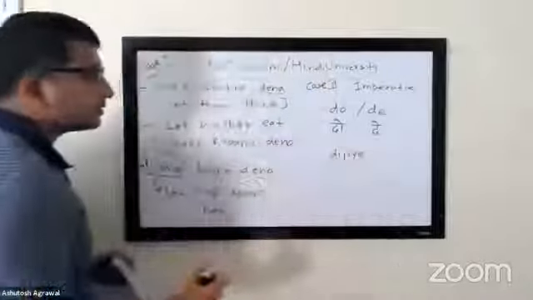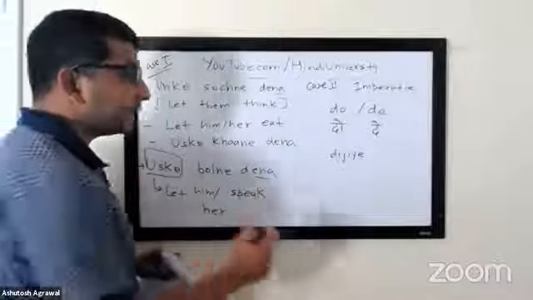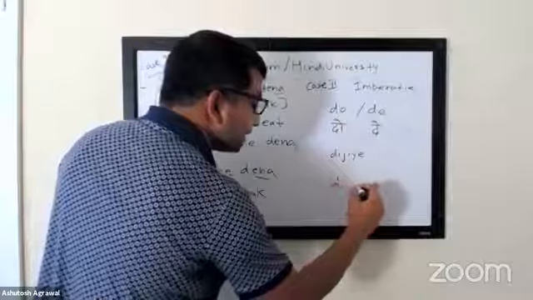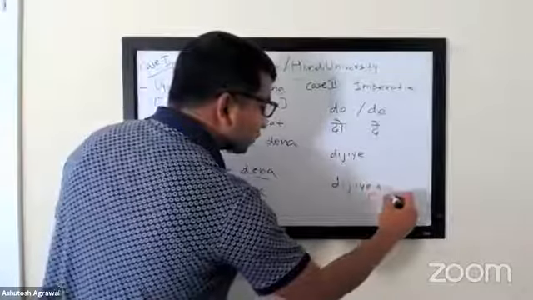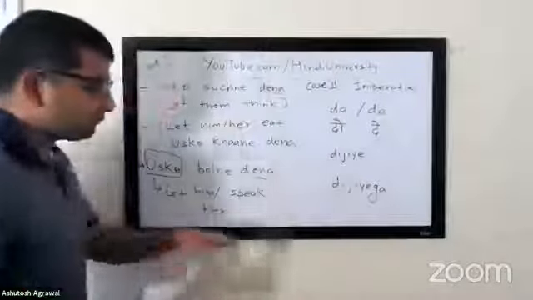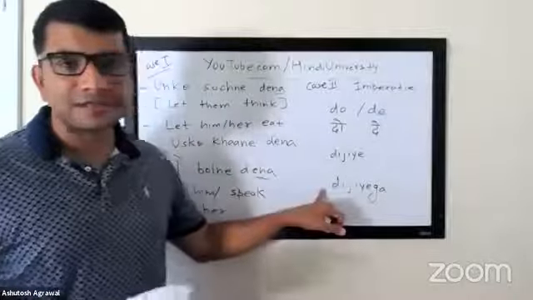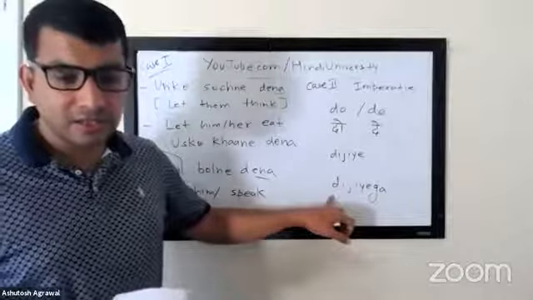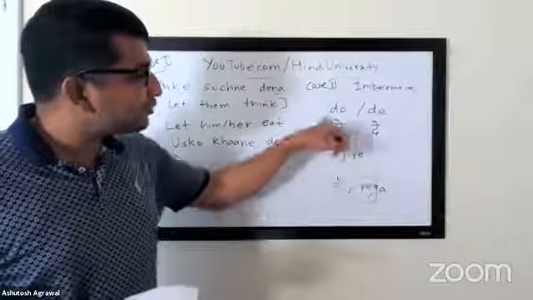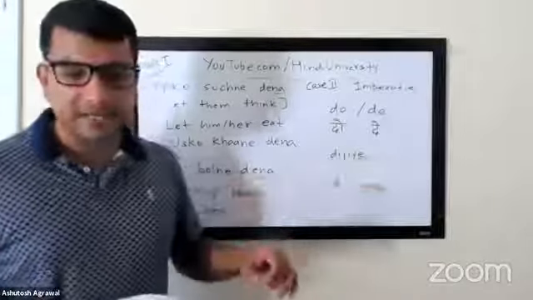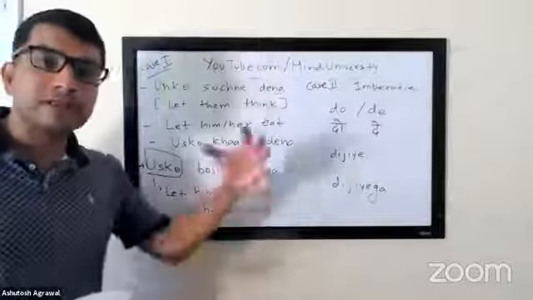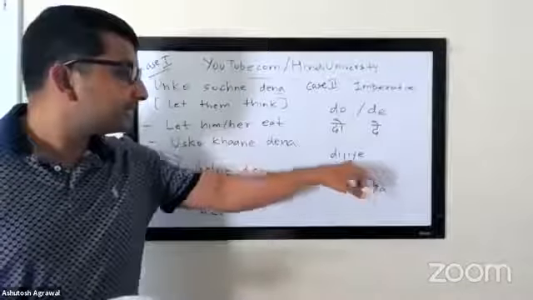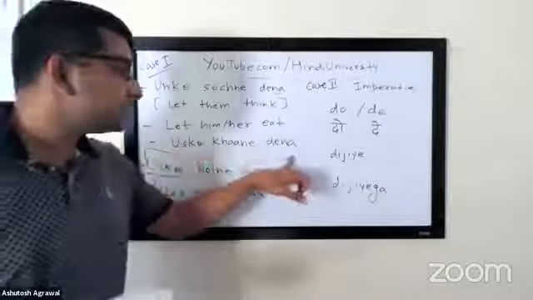So these are all the forms of dena: do, de, dijiye, and if you guys remember, dijiyega. Rupert Snell uses it. Frankly speaking, native Hindi speakers on a day-to-day basis, we don't use dijiyega much. So your best choice would be do, de, and dijiye in case two. So all the sentences we have done so far, you can just replace dena with do, de, and dijiye. Same thing. Usko khane dijiye, more respectful.